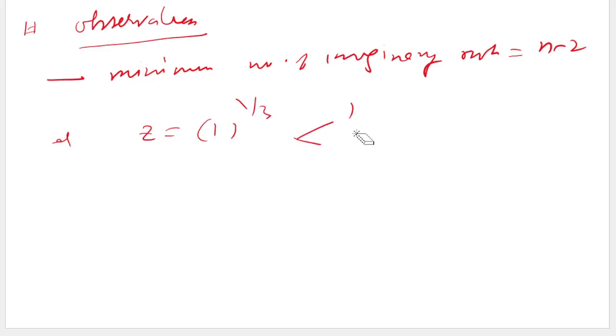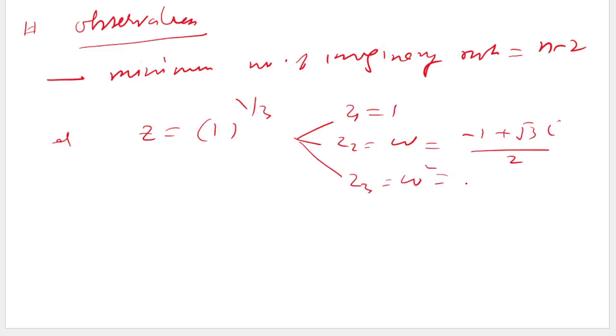Z1 is 1, and using the method I explained, Z2 will be omega, which is minus 1 plus root 3 i by 2, and the third root is omega square, that is nothing but minus 1 minus root 3 i by 2.